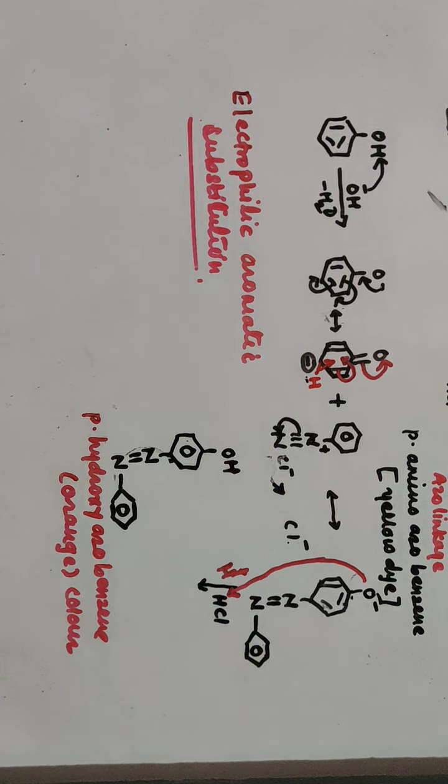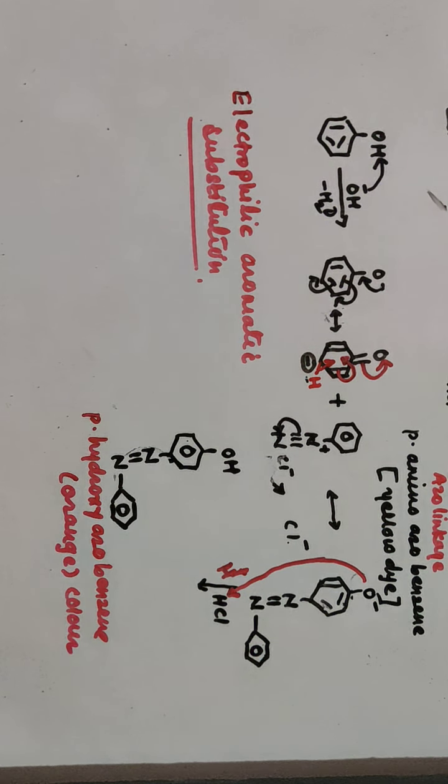So the coupling reaction is an electrophilic aromatic substitution reaction, while replacement of the diazonium ion is a nucleophilic substitution reaction. So this is all about amines. In amines we have seen introduction of amines, then classification of amines, then nomenclature, both the common system and the IUPAC system of nomenclature.